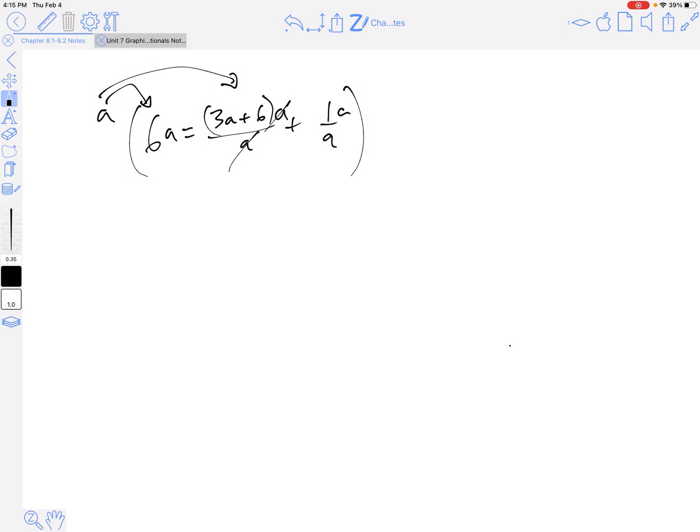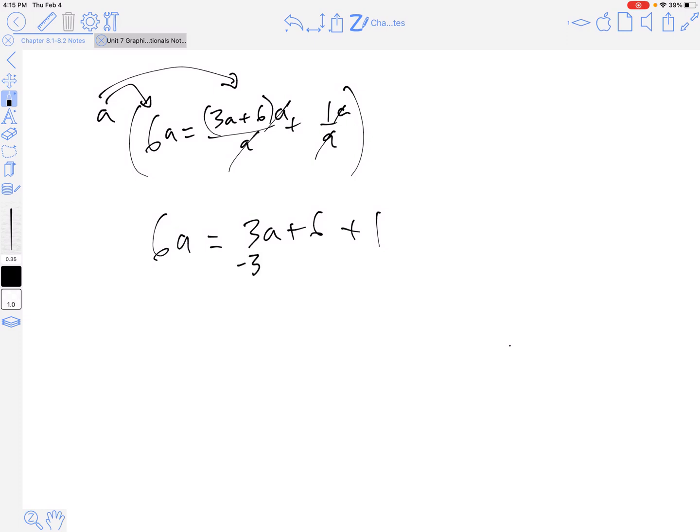And so those a's cancel, and then we have 6a equals 3a plus 6 plus 1. And so we don't have the denominator to worry about anymore. When we distribute it to every part, we're being equal and fair, and since it's an equal sign, we're fine. If you have any questions on that, let me know.